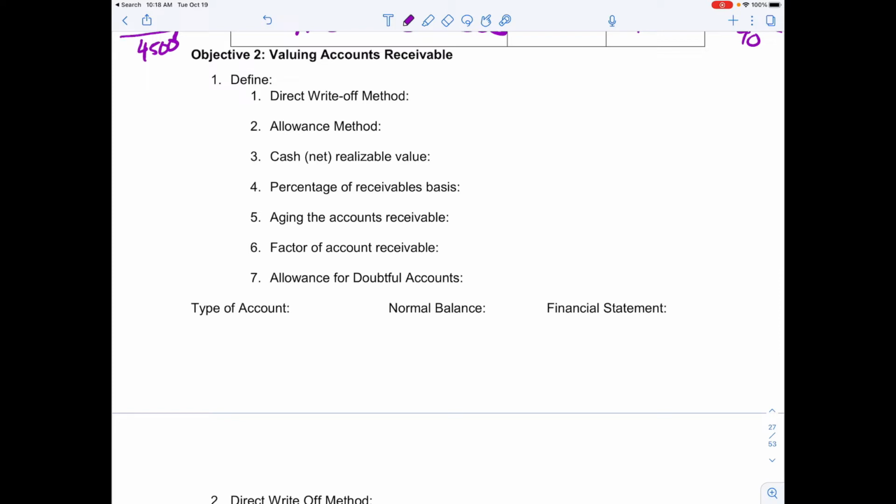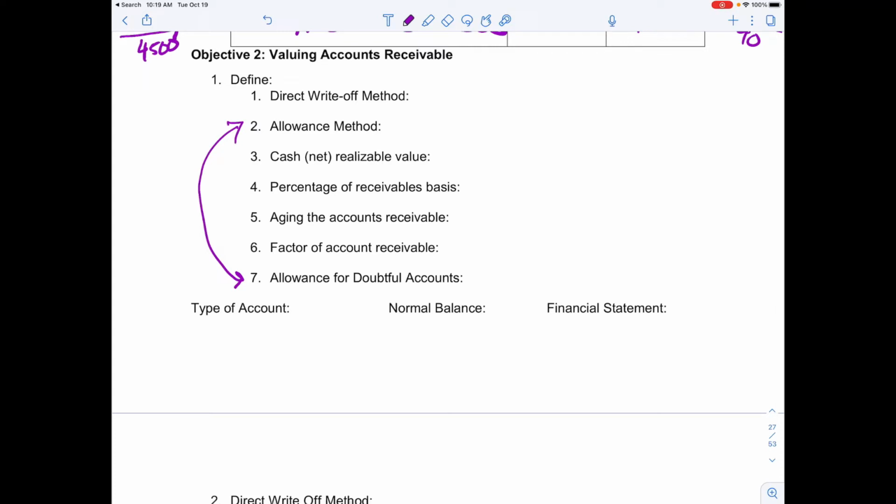The new account we're going to talk about is the allowance for doubtful accounts. This is the account that we set up for those people under the allowance method that we think aren't going to pay. Therefore, we can follow that matching principle under GAAP and recognize the expense in the same period that we recognize the sale.